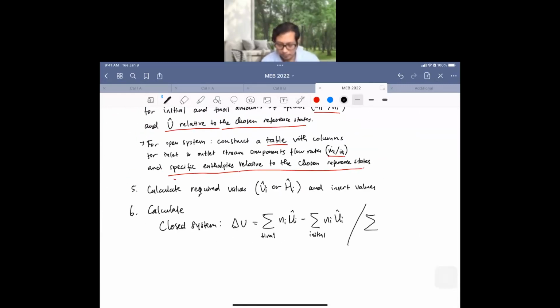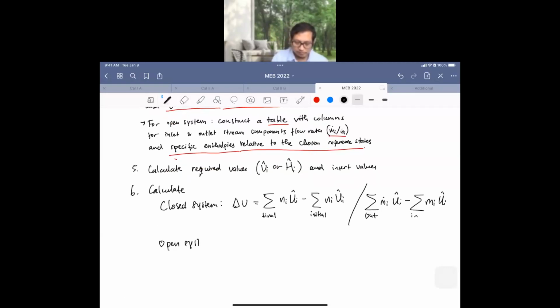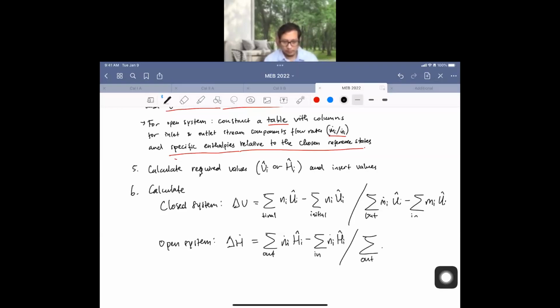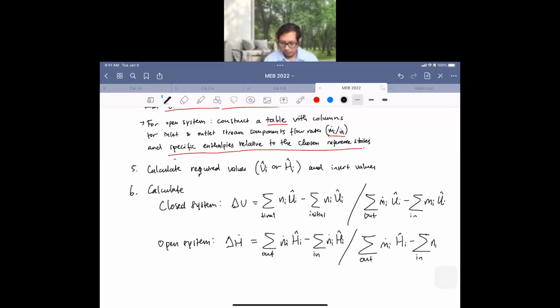Or using the mass. And in open system, or.